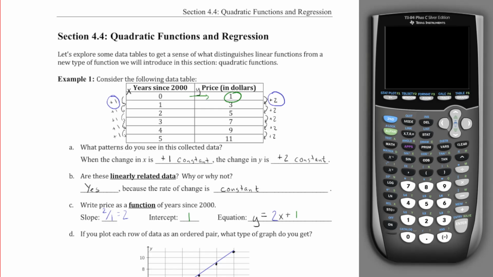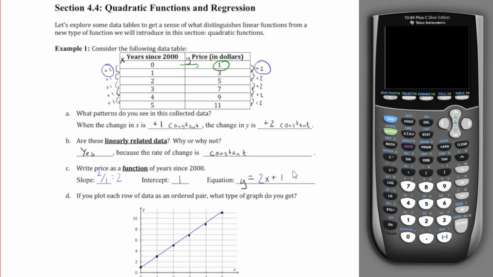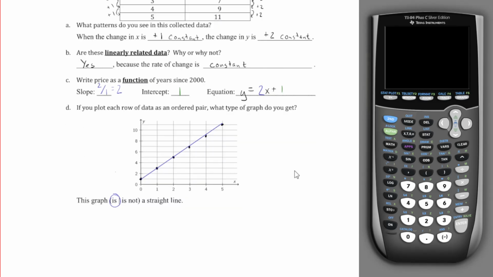We can draw a straight line that passes through all of those points, which is part of why we call this kind of relationship linear. Linear relationship, graph is a straight line, equation is linear.